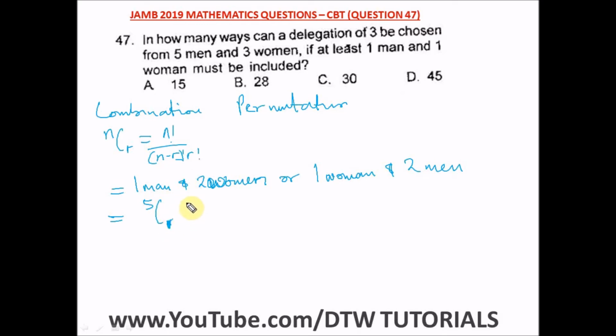And means multiplication. 2 women will be 3 combination 2. Or means plus. Then 1 woman will be 3 combination 1, times 2 men selected from 5 men, which will be 5 combination 2.